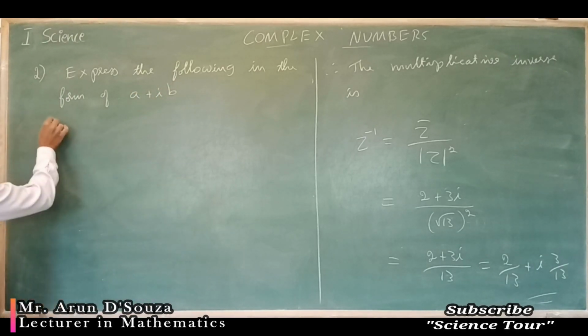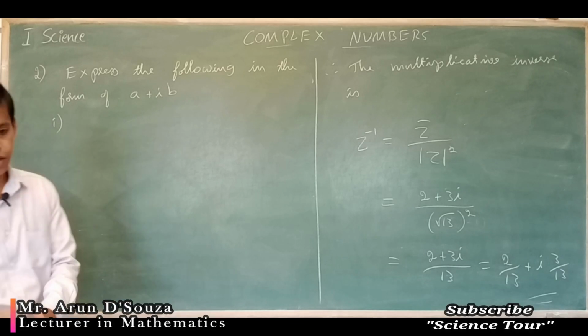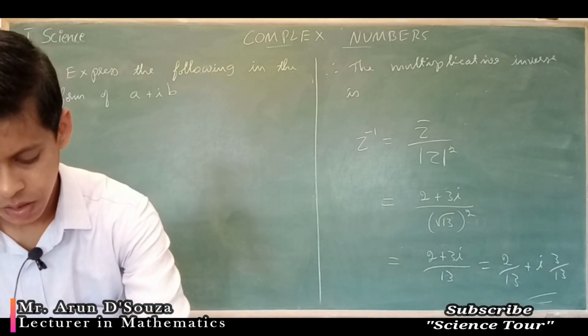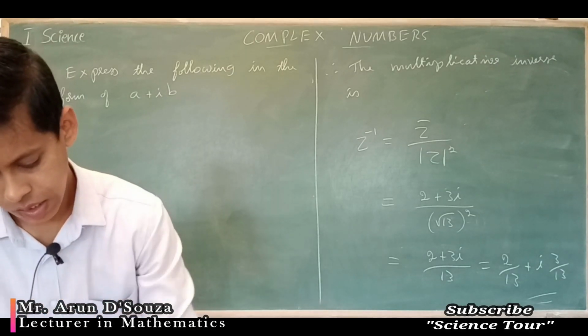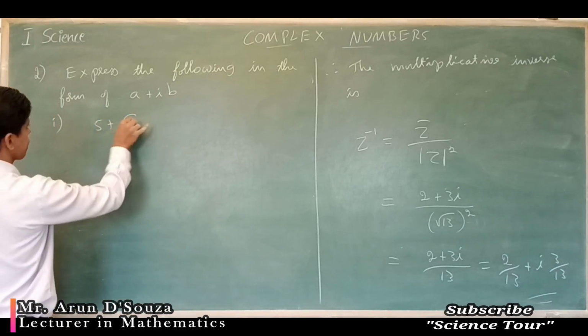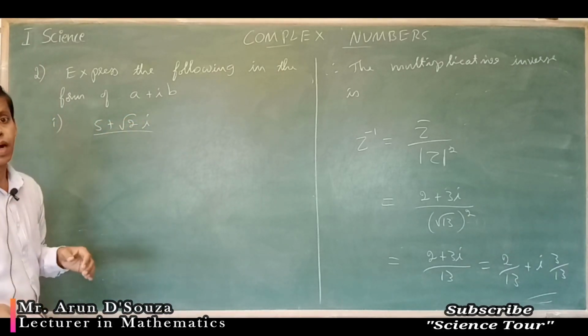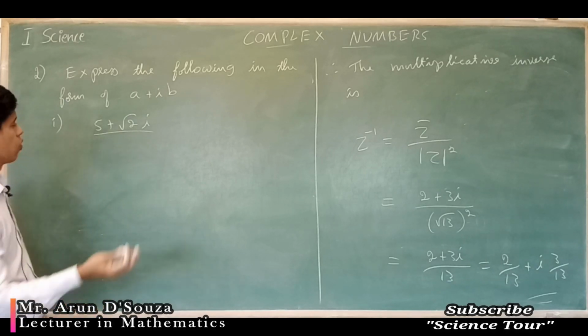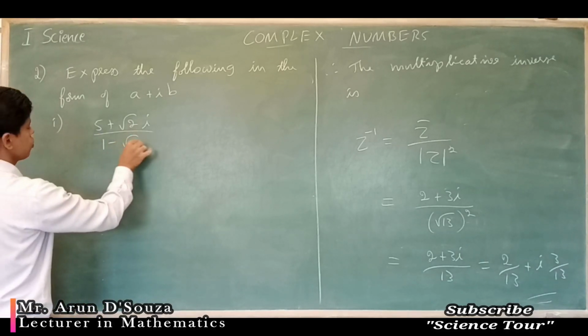Alright, so you have the first sub question. The first sub question is 5 plus root 2i divided by 1 minus root 2i.